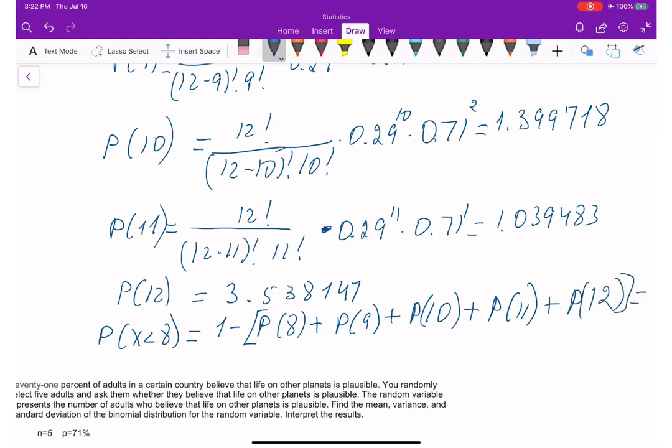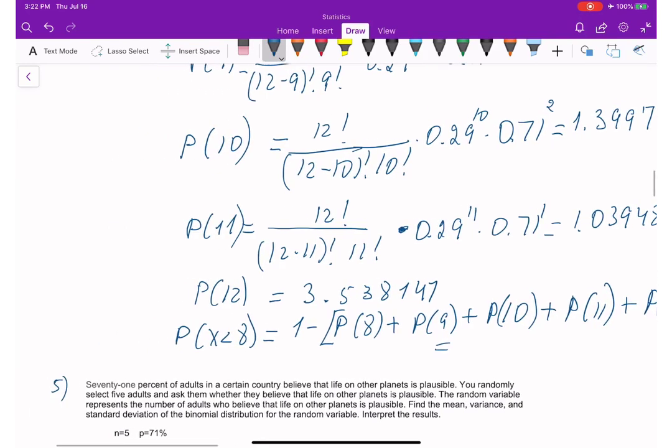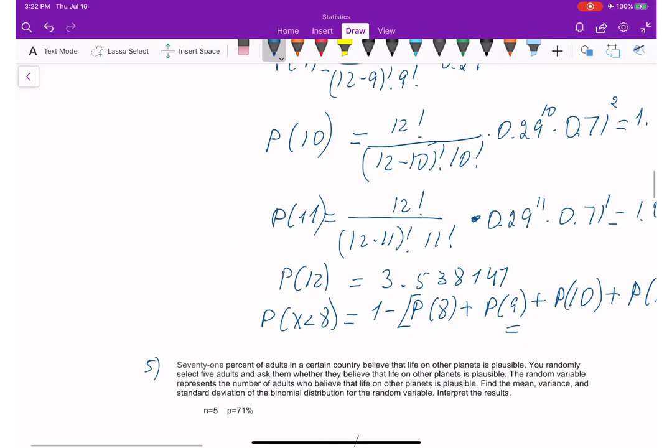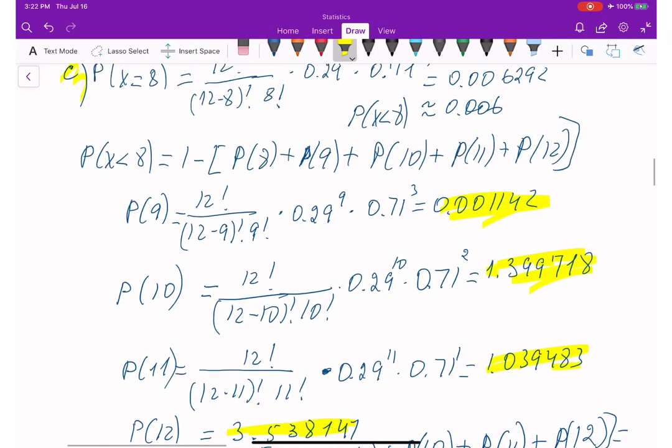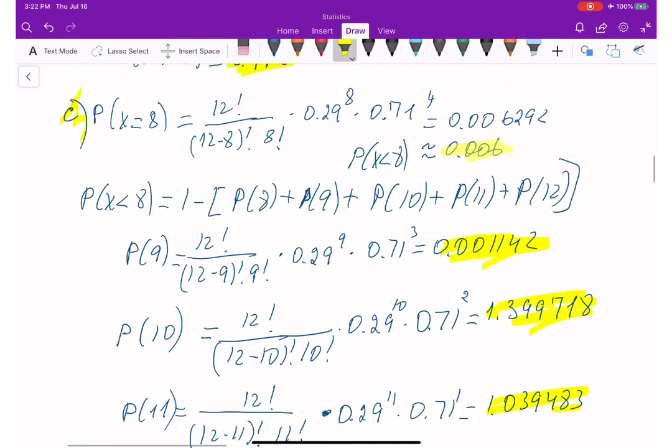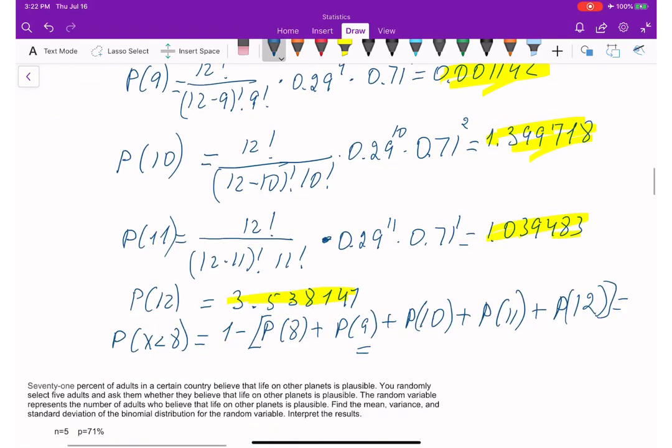I believe you can do it, right? You don't want me to sit down and subtract all these values, probabilities that you have. You need to always add together and then subtract from 1. That's it. There is not a big thing in there. And where our 8 is, it's 0.06. Okay? All right.